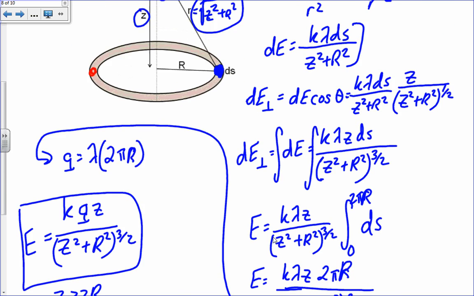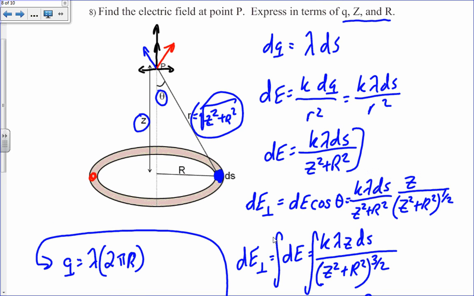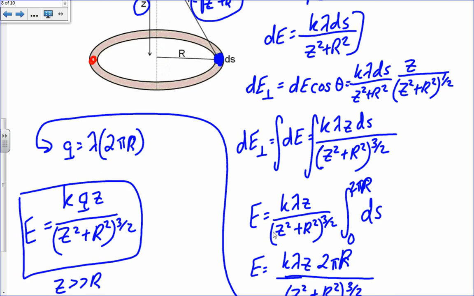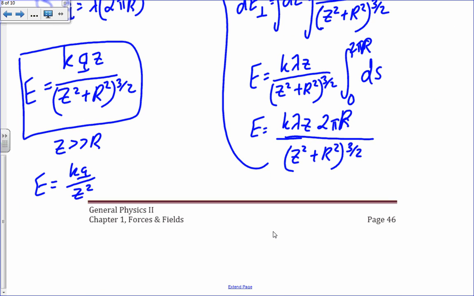So if I'm really high above this ring of charge, it's going to look like a point charge, because that's the same expression for the electric field due to a point charge. All right. It's really the method in these that's important, in how you integrate over these regularly shaped objects, because this comes up a lot in physical scenarios where we want to integrate some function over a regularly shaped object such as this.